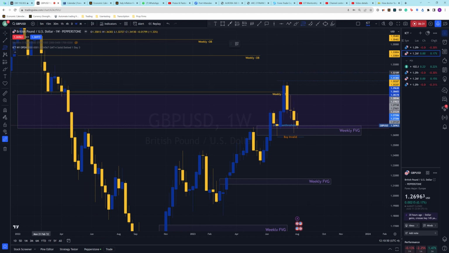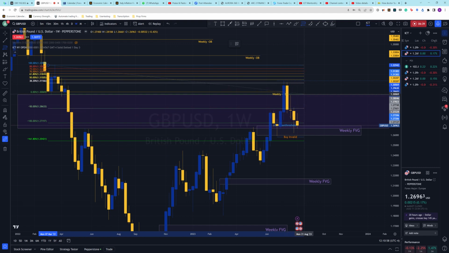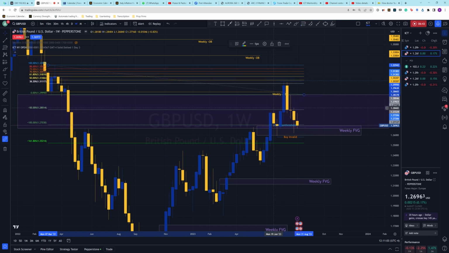Looking at this order block, I want to take from the high here to the low here. If we take from the high to the low there, you see price just tapped the middle point of that and then rejected.